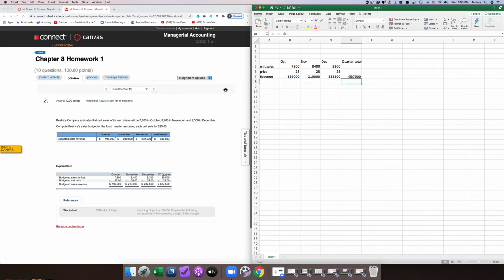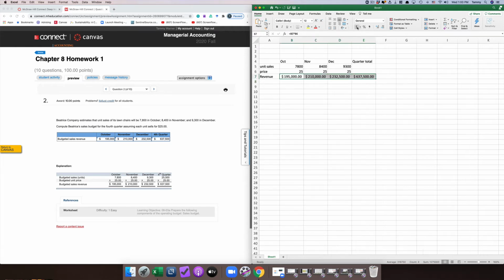And you can see that this gives you the correct answer. Then you just copy those into the McGraw-Hill. So that's how you do the first one. And this is essentially what I want to see in Excel. Okay. So I want you to use Excel instead of a calculator. That's what I'm talking about, people. Okay. Next one.